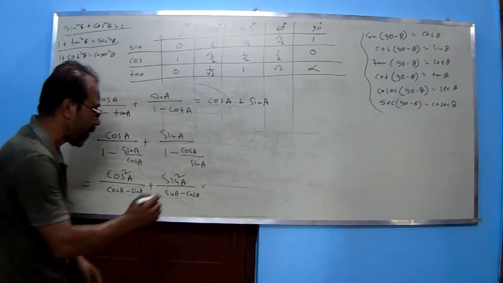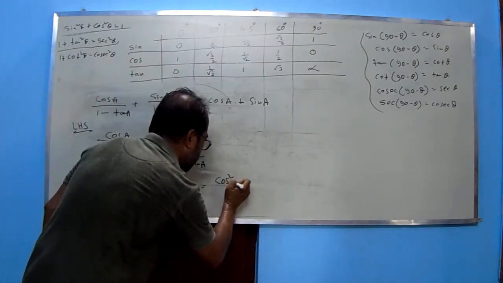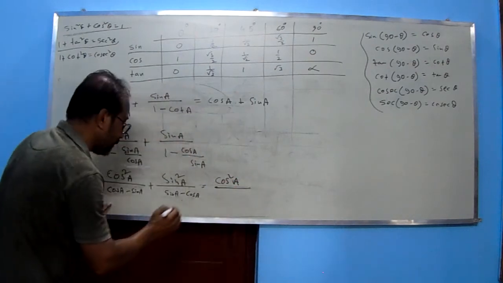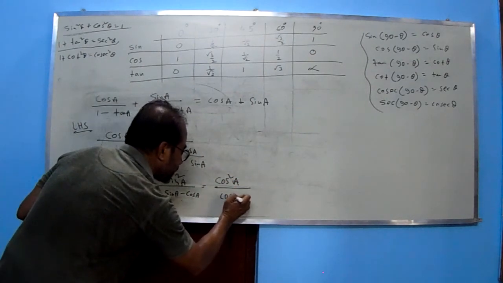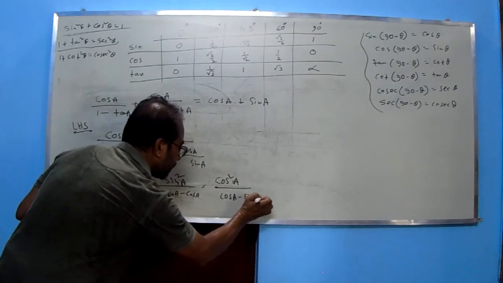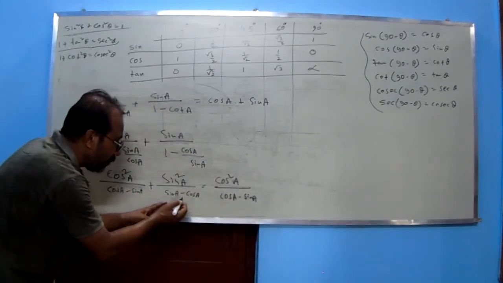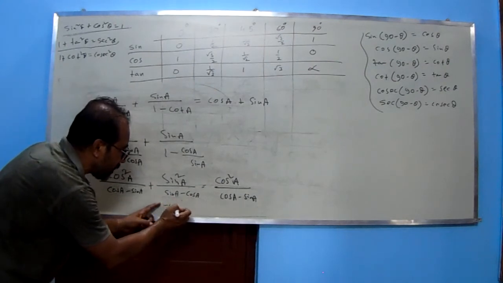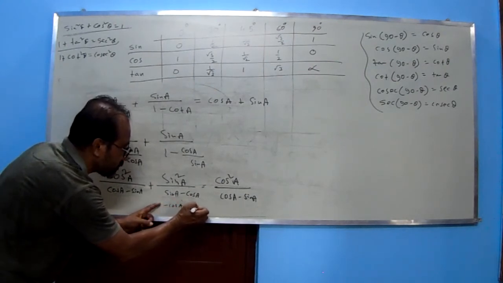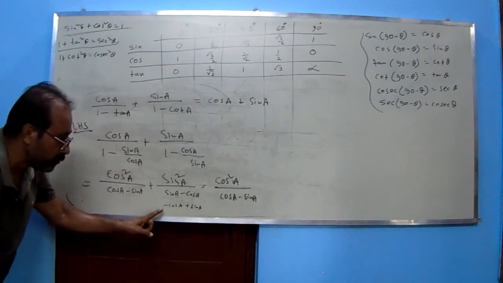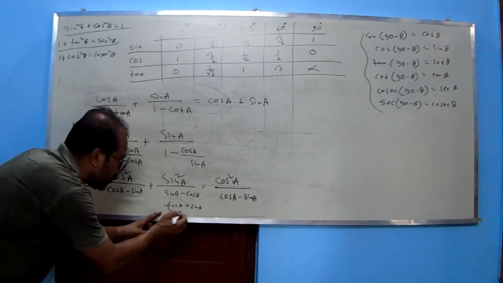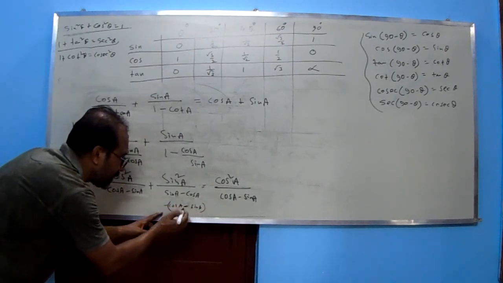What should I do now? Cos square A divided by cos A minus sin A, it remains as it is. Here, if I write this as minus cos A plus sin A, minus can be taken as common, so it can be written as minus.